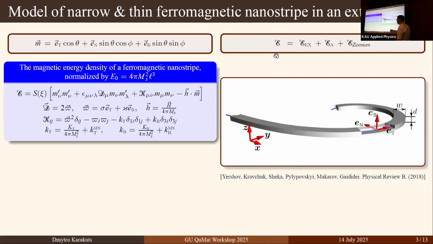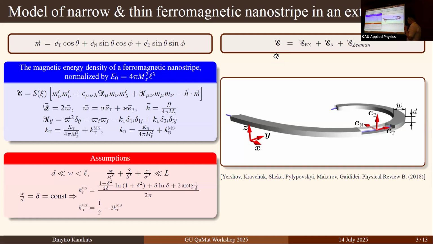The third component is an anisotropy energy, and magnetostatic interaction in our model is simplified to be just a component in anisotropy parameters, which can be done for a system with a constant aspect ratio between width and thickness. And the last component is Zeeman energy.